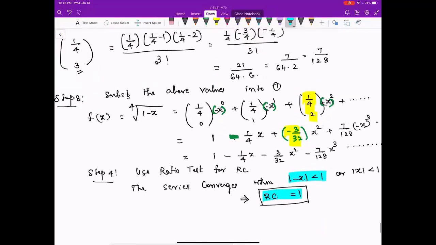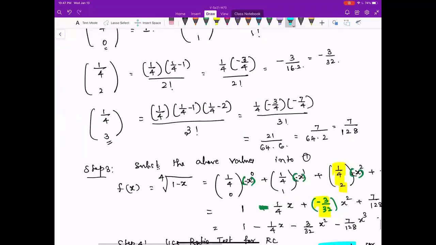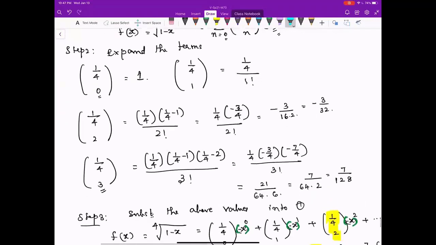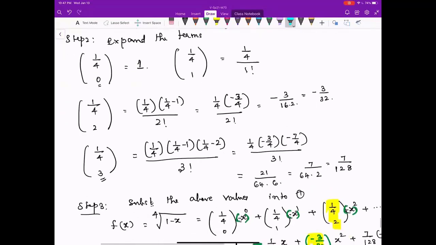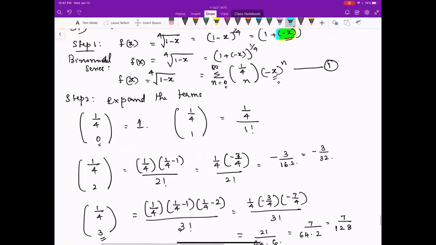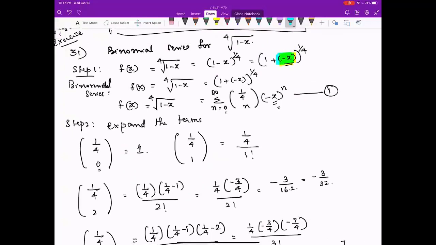For the last problem in this example, my video got disconnected, so I'm resuming it. So you have these steps here. We first write down the binomial series representation of this with exponent k replaced by 1/4.